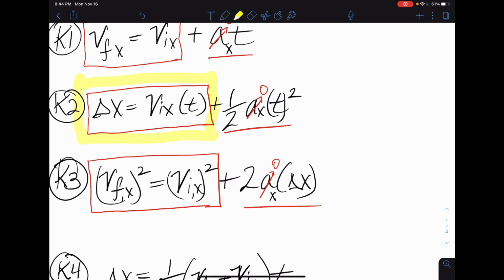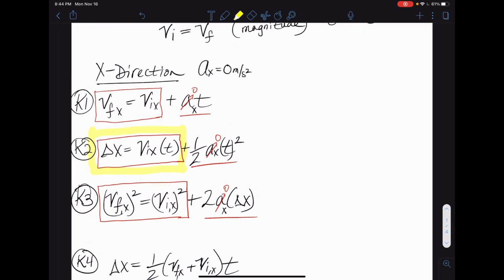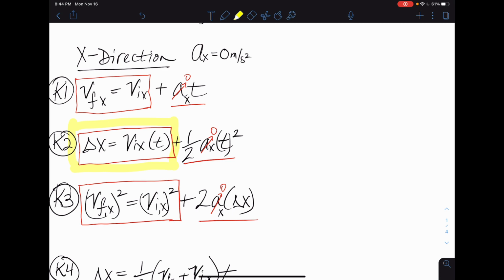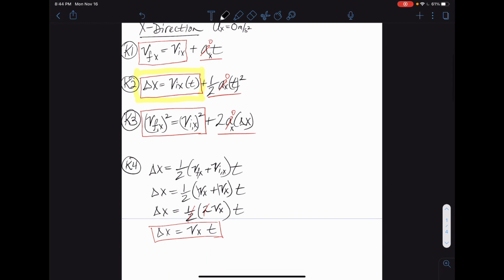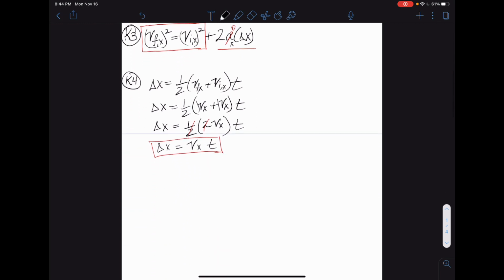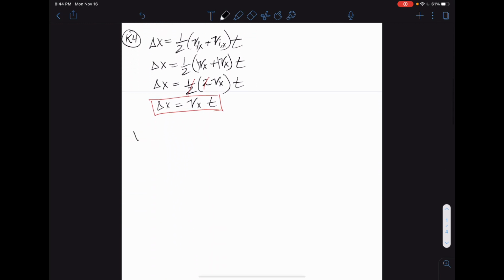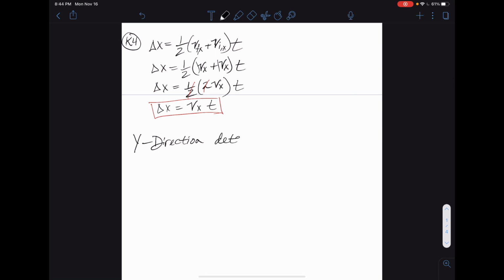But the Y direction is really what we're going to need, right? Y direction determines time and time in the air. And I think I mentioned that yesterday, right? I can write that down again. Y direction determines time in the air.